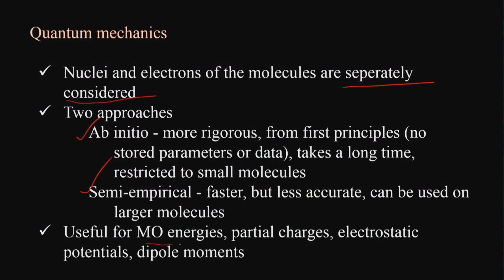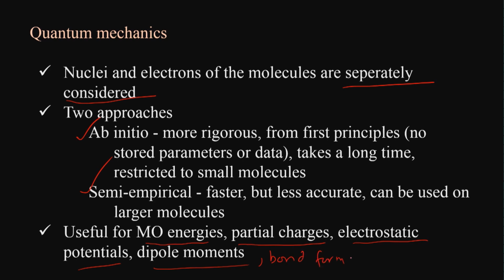So, what are the use of these quantum mechanics? We can use molecular orbital energies, we can look at partial charges, we can look at electrostatic potential, we can look at dipole moments, we can look at bond formation, energy required for bond formation, energy required for bond breakage. Okay, so all these can be done, bond formation, breakage.